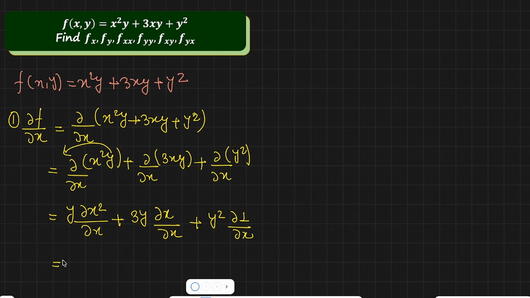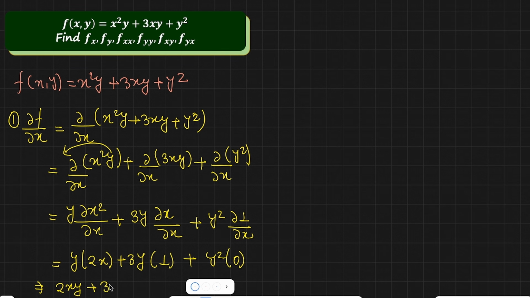So y as it is, what is the derivative of x square? That is 2x. Now 3 and y are constant. What is the derivative of x with respect to x? That is 1. This is y square. What is the derivative of 1 with respect to x? That is 0. What is the answer? So the answer is 2xy plus 3y. This is the partial derivative with respect to x. You can simply find it in such a way.